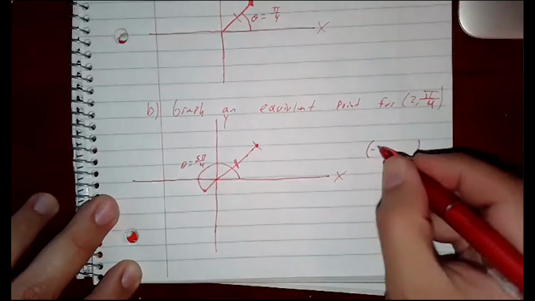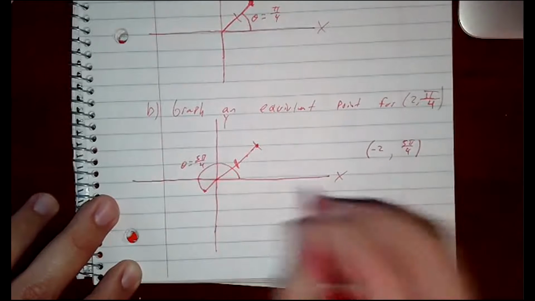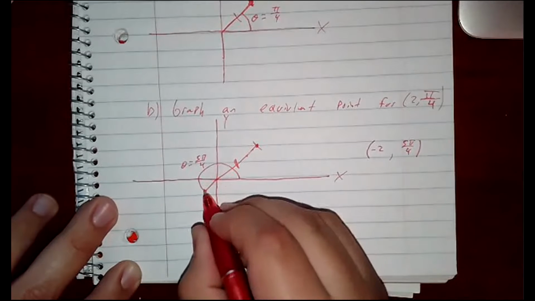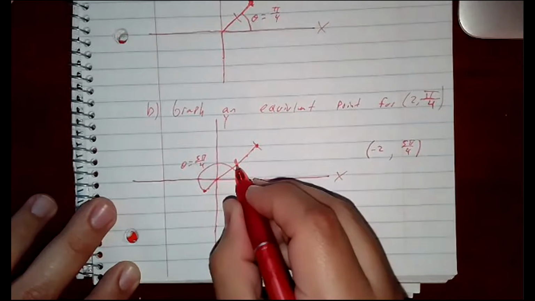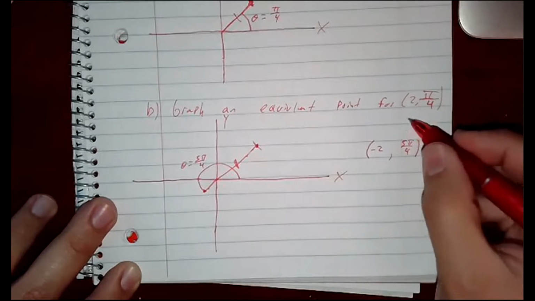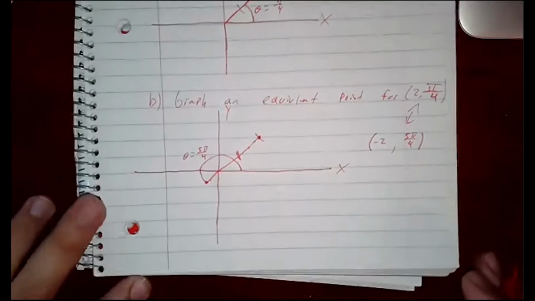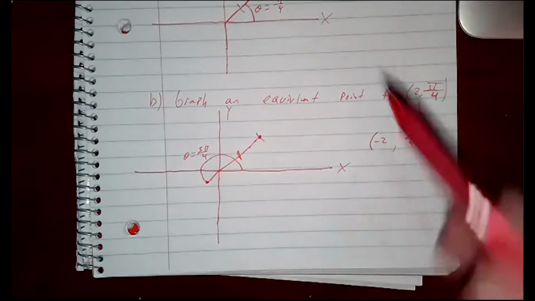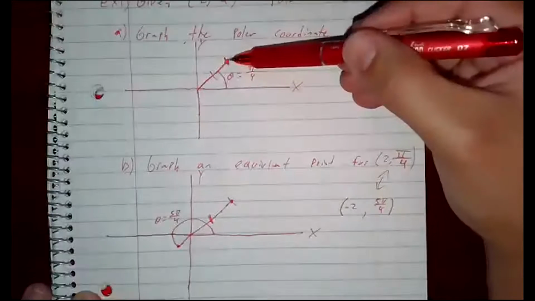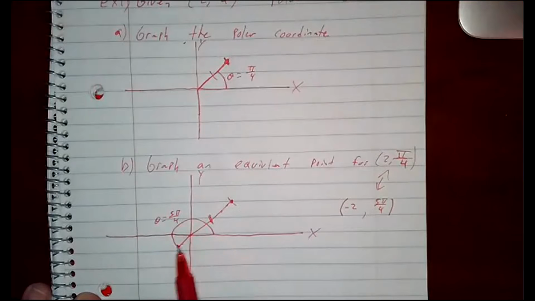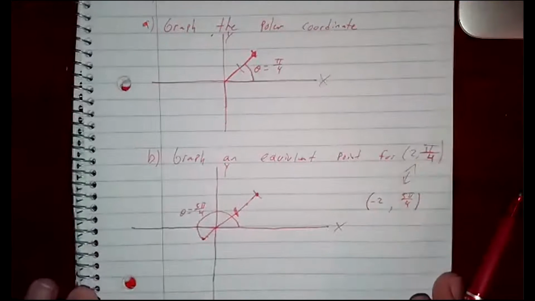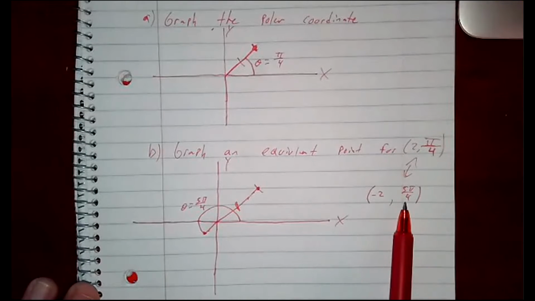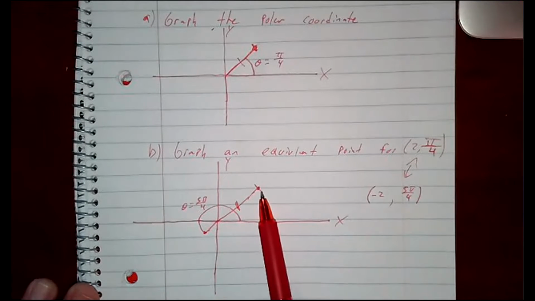Now, if I choose -2, that would get me to where I want to go. So if I end up at this side, going -2 would be 1, 2. So these two would be equivalent to each other. Does that make sense what I'm trying to say? We're still here. It's just we got there using a different point. So first go here, 5 pi over 4, and then go -2, which ends up being here.